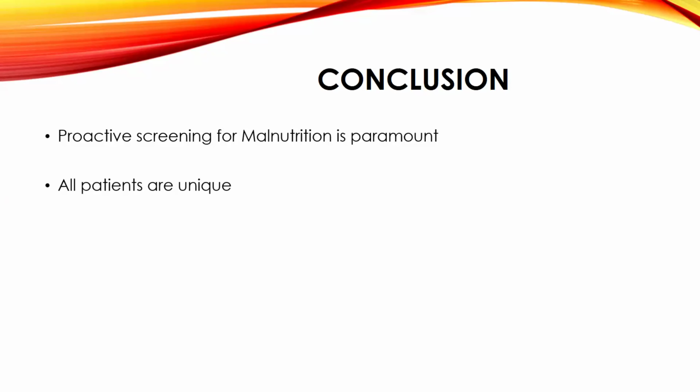And all patients are unique. Someone presenting with alcoholic steatosis is very different from someone presenting with other issues. Even how you treat that will not be the same way you treat another person who has features of malnutrition. So it's very paramount for us to think of them as unique creatures. The assessment there becomes very crucial.